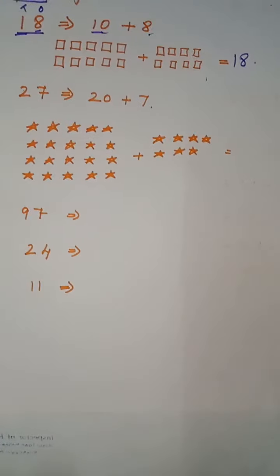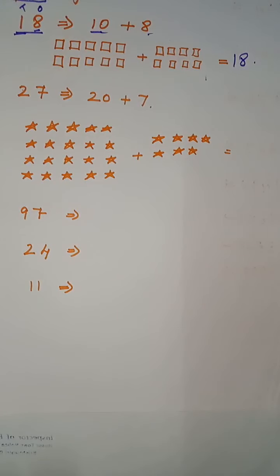It is a very simple method for smaller ages, but in 6th standard you are going to learn bigger, larger numbers up to crore. That's all, it will be very simple.